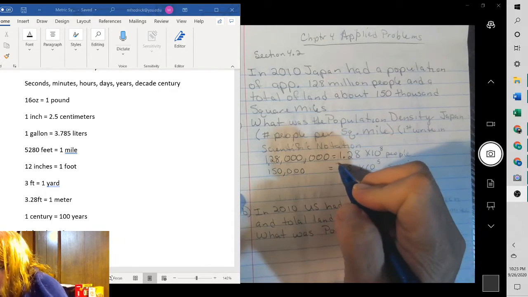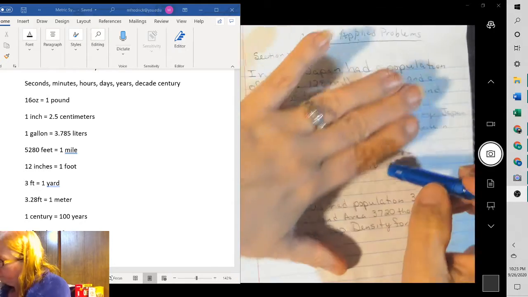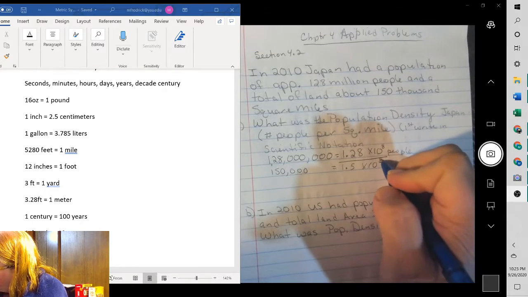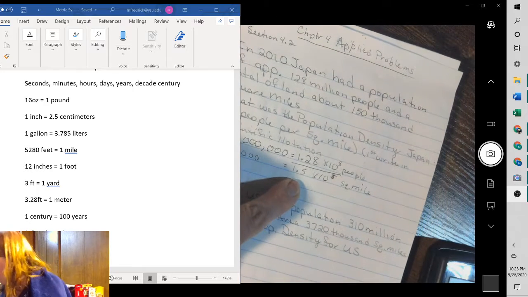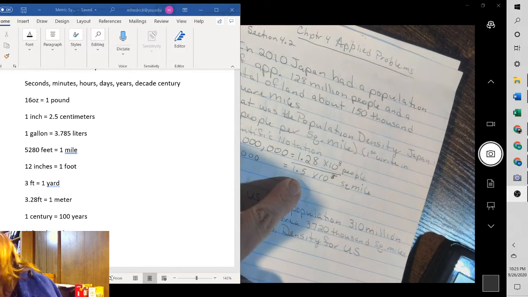So we can go like this and divide. We divide them, 1.28 divided by 1.5.